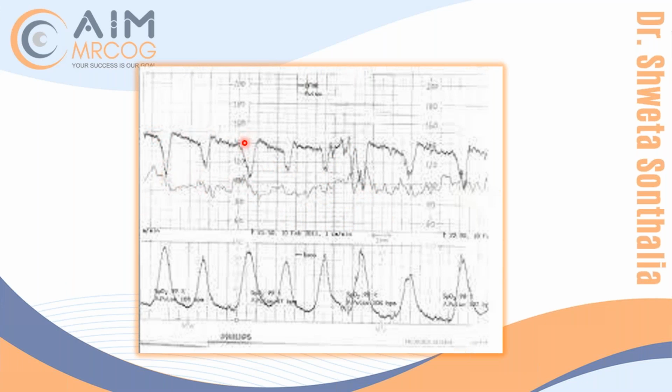If we take the baseline around 140, see how deep it is going, more than 2 boxes, more than 40 beats sometimes, with every contraction. It's a variable, which can occur with contractions anytime, anywhere, different in size and shape. It's happening so frequently that definitely the baby is compromised. That's why the variability is less, so it becomes a pathological CTG.